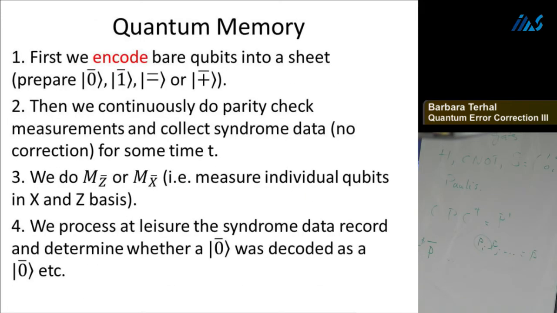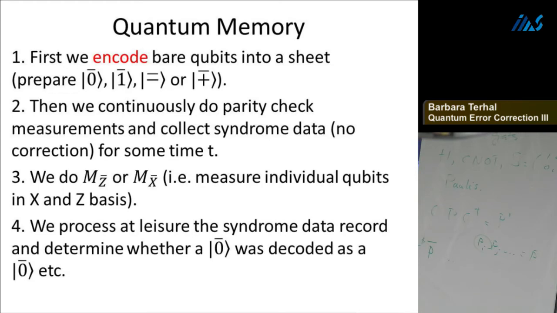Okay. So now the overall view of this quantum memory is to have something as basic as this. So first we encode bare qubits into a sheet. Well, I call it the sheet. This is a surface. And to stress this point that we never need to do any corrections, we could think about it as follows. We continuously do parity check measurements and collect syndrome data.